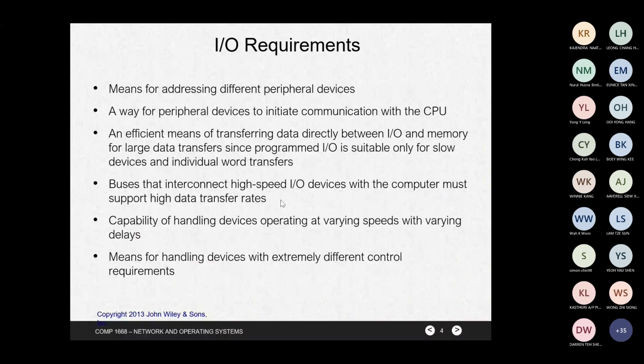So the discussion here can be about any devices, any IoT, Internet of Things. All these devices, or sometimes we call them peripheral devices, require I/O, and each has its own very specific or multiple I/Os.